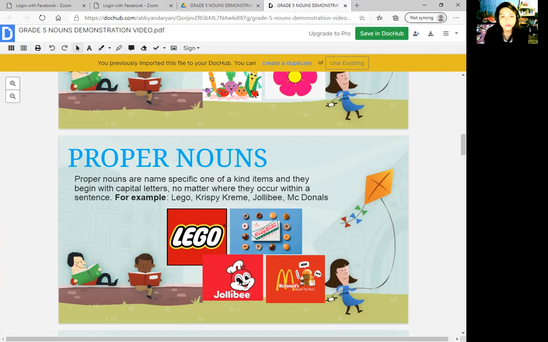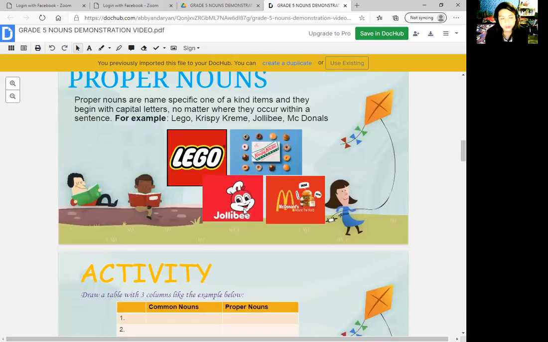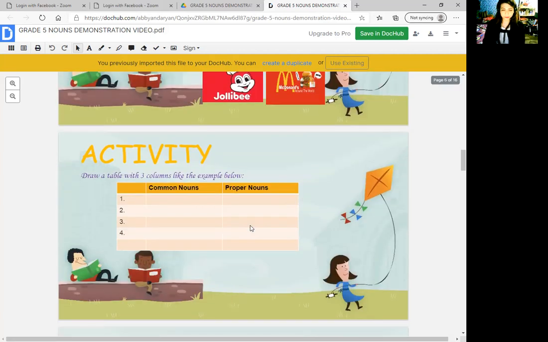Before we proceed with the next kinds of noun, which are the abstract and collective nouns, we're going to do some activity first. Grab your paper and pencil, and write 3 columns.